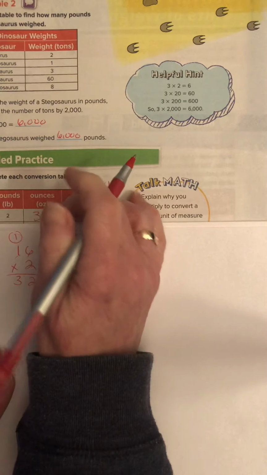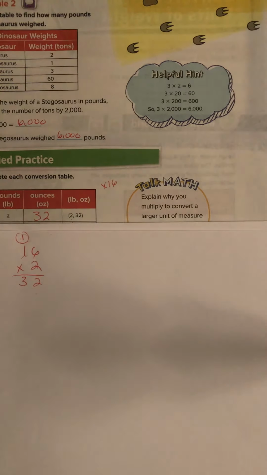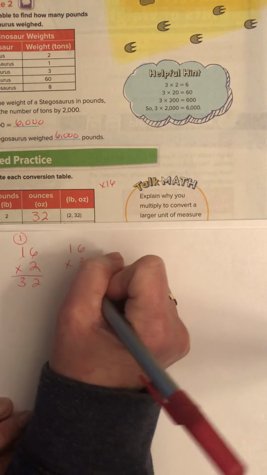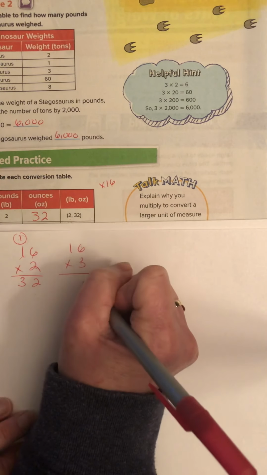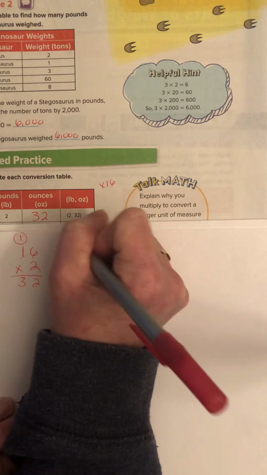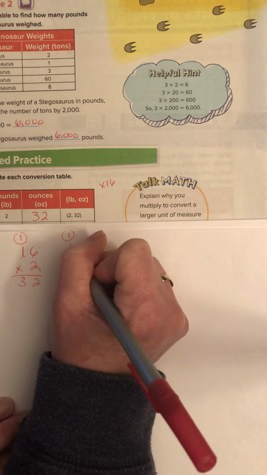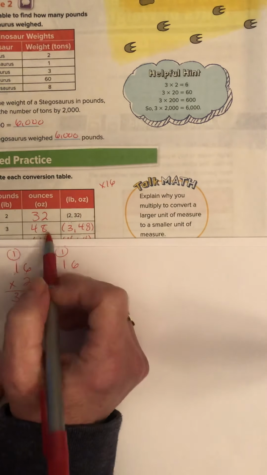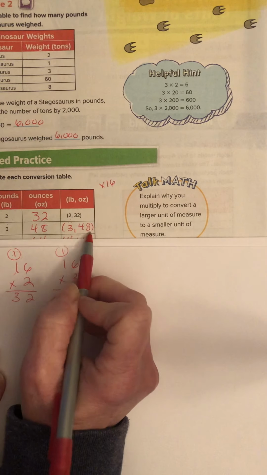Okay, now the next number is 3. 16 times 3, I'm losing it today. 3 times 6 is 18, I put down the 8, I carry the 1. 3 times 1 is 3, plus 1 more is 4. So in the table you'd fill in 3 and 48, and here 3 and 48.